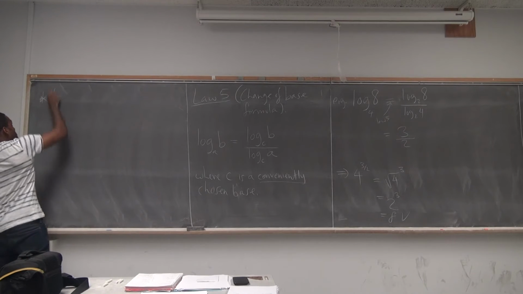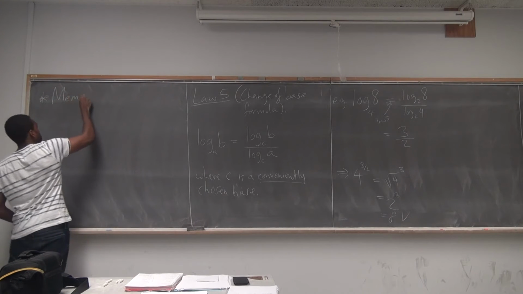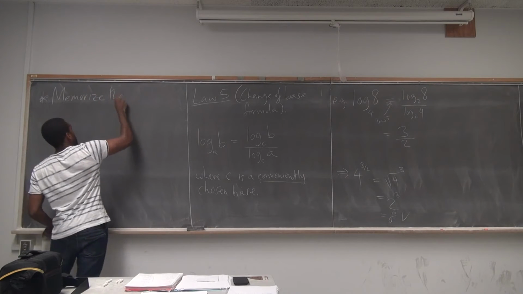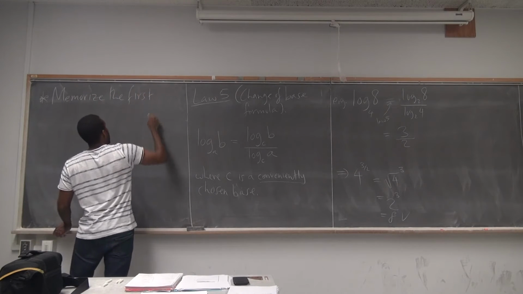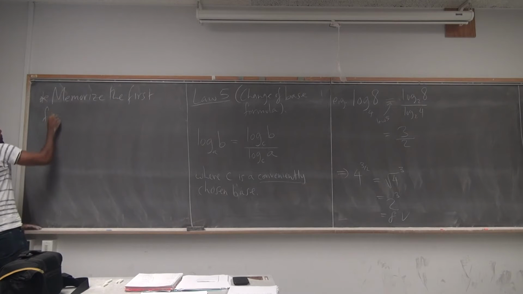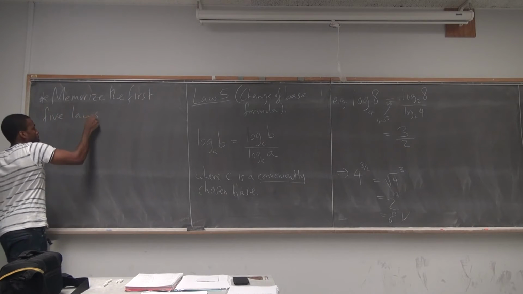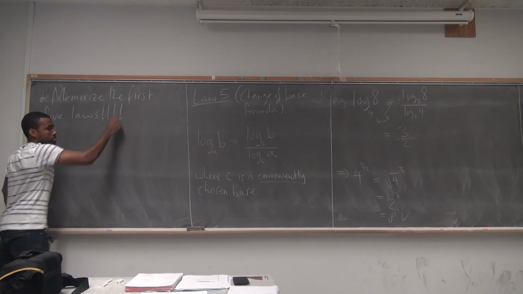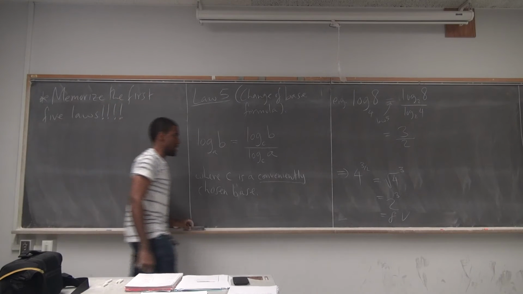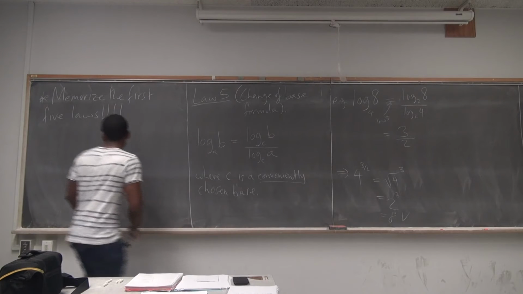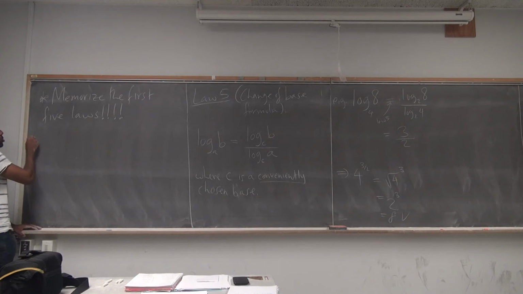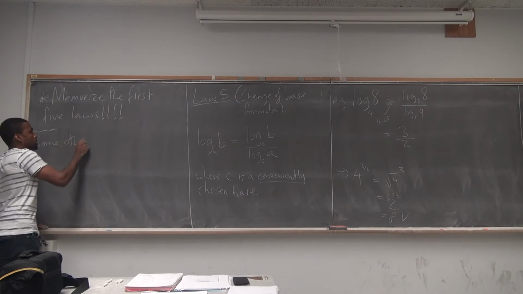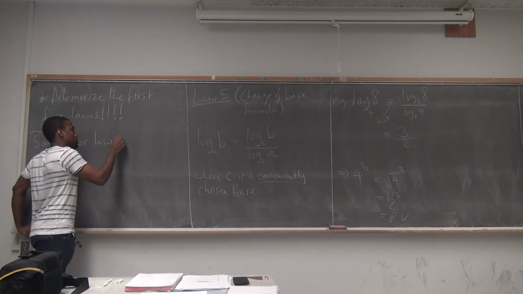Here's a note. Memorize the first 5 laws. Know them as well as you know your own name, like the back of your hand. There are a few more laws though, some other laws.